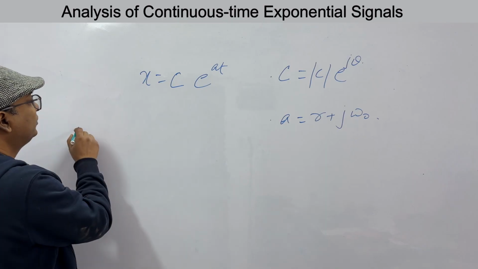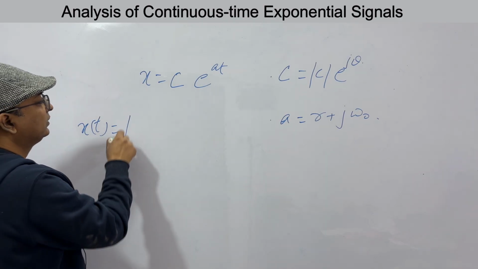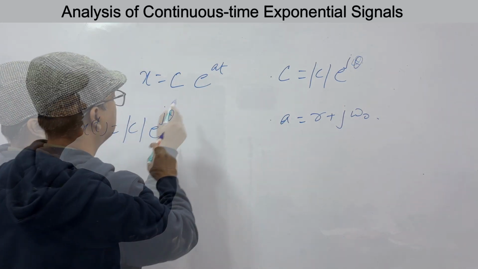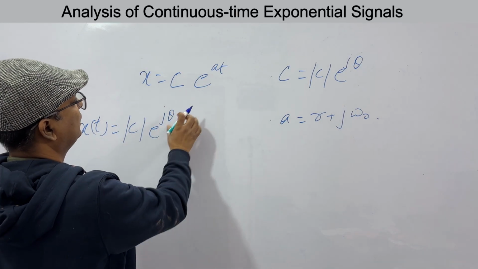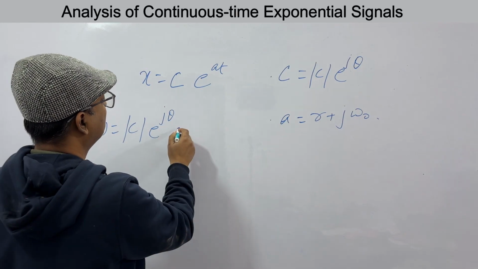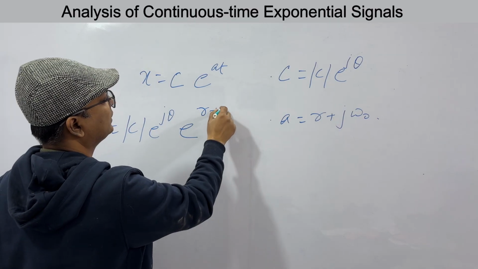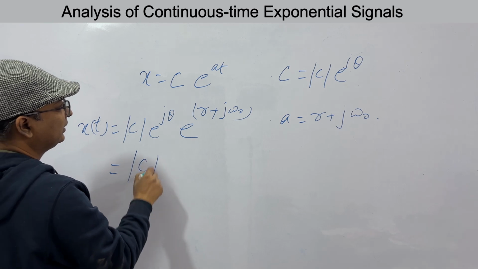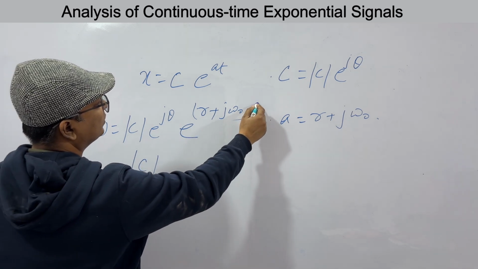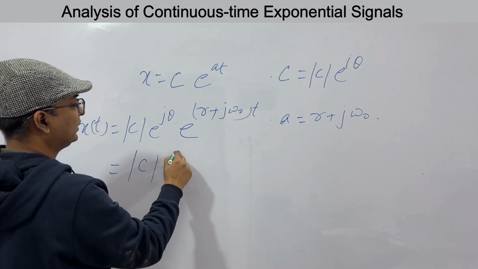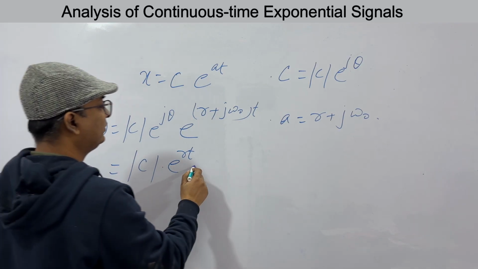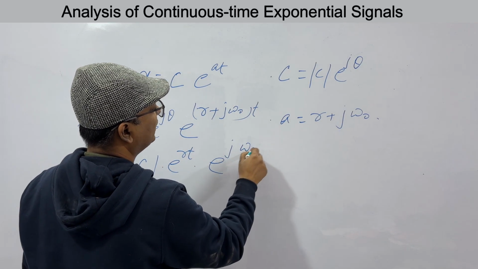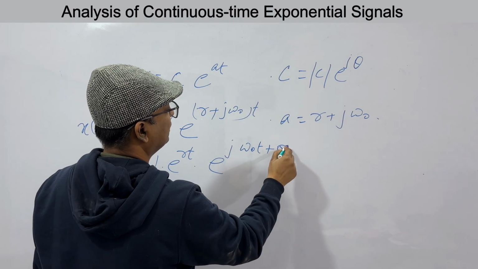Then we can write this signal x of t as e to the power j theta into e to the power at, and this is e to the power r plus j omega 0. So we can write it like this, or c e to the power rt, we forgot t, rt we can take it out, and then we'll have e to the power j omega 0 t plus theta.